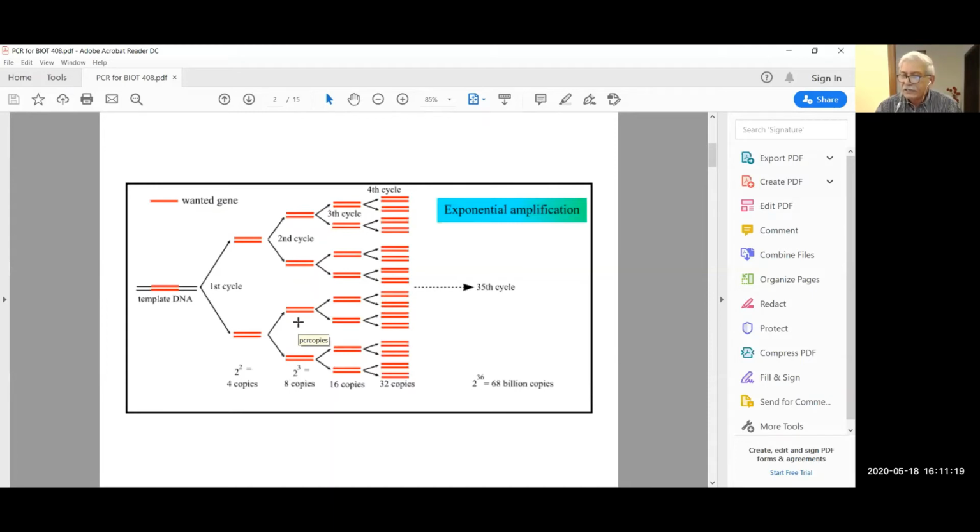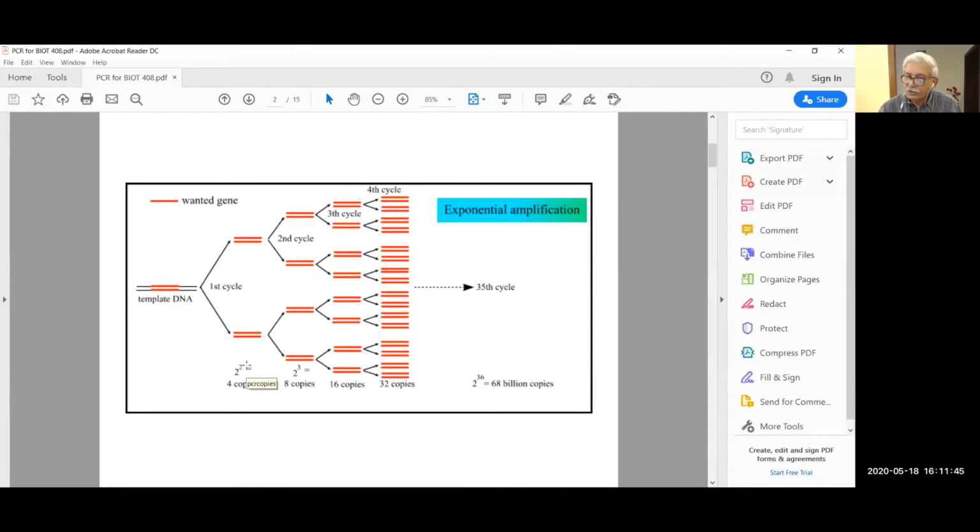Okay? And after 10 cycles, the number of template molecules should be 2 raised to the power 10. And after 30 cycles, it should be 2 raised to the power 30. That is the formula. That is 2 raised to the power n. n is the number of cycles.